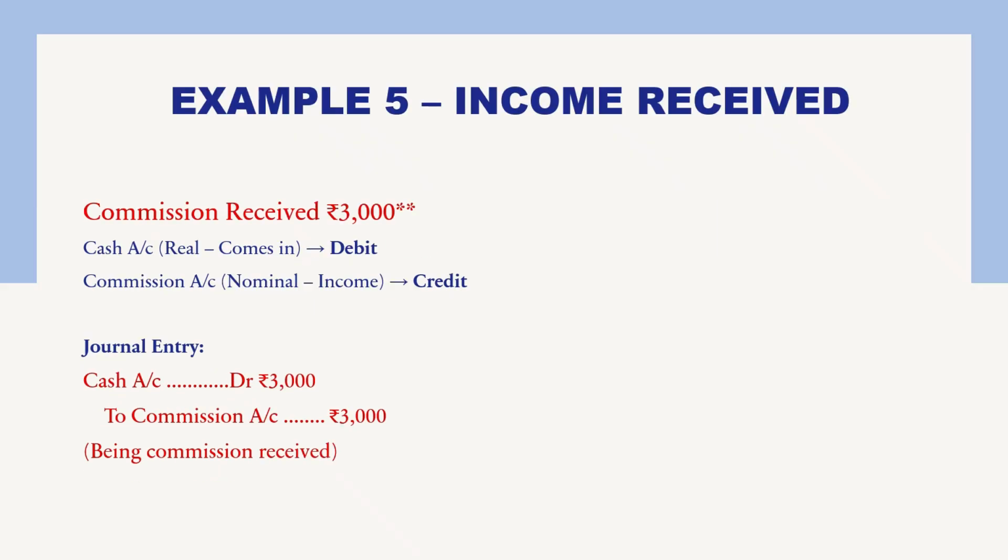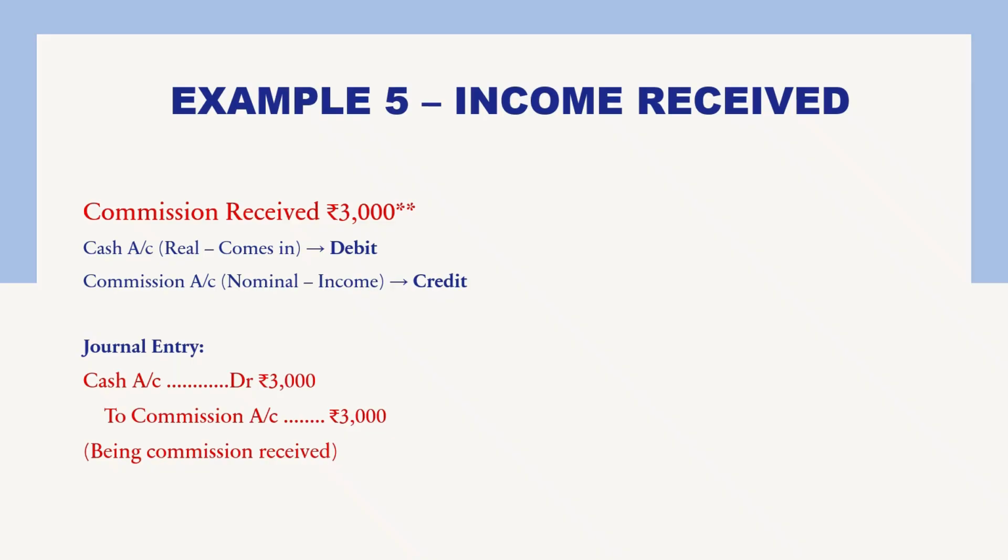Now we will take another example for income receipt. Commission received, rupees 3,000. So here two accounts are involved again, cash account and commission account. So cash account will be debited as the cash is coming in, and commission account will be credited as it is an income.